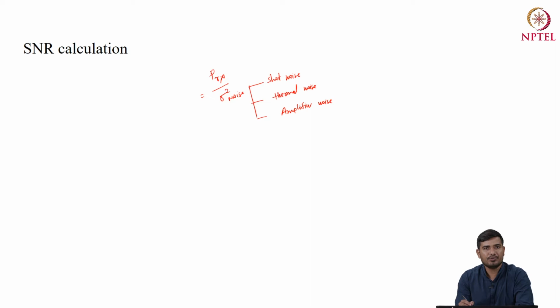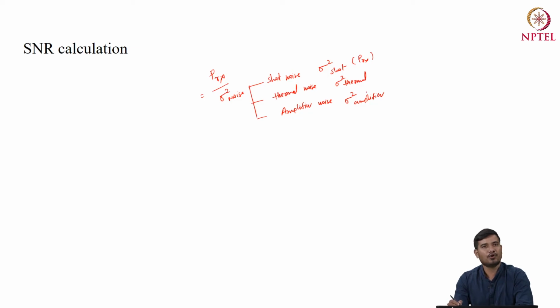Now, in order to simulate in MATLAB, what you require is the mathematical expression of shot noise, which in the case of an indoor VLC system is a function of received power, and then the thermal noise and the amplifier noise.